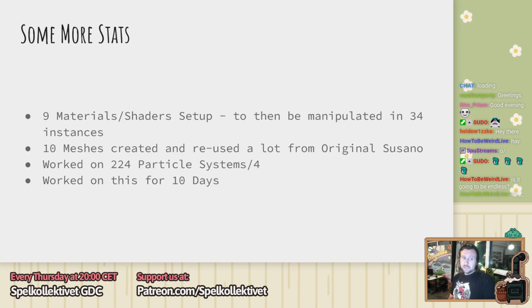And then I created 10 new meshes, and reused a lot of assets. For example, the tornadoes have been done on base Susano, I just retextured them. And all 4 recolors are like 224 particle systems, thanks to the amazing system that they gave us. It was all able to be done in like 10 days, which I think is actually insane.